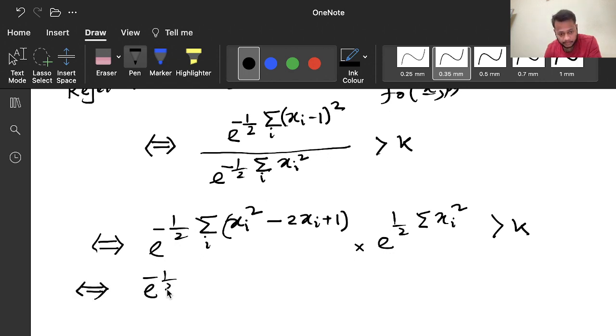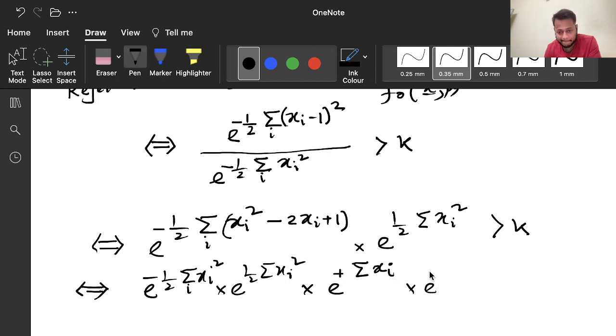That is e to the power minus half summation xi square into e to the power half summation of xi square into e to the power plus summation of xi into e to the power minus half greater than k. So these two cancel out, and if I adjust this constant on the right hand side, it will give another constant, greater than some k prime.